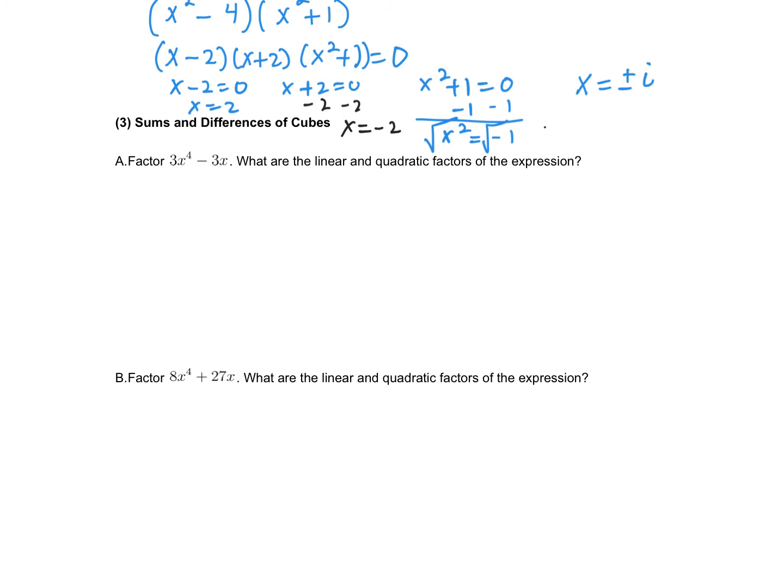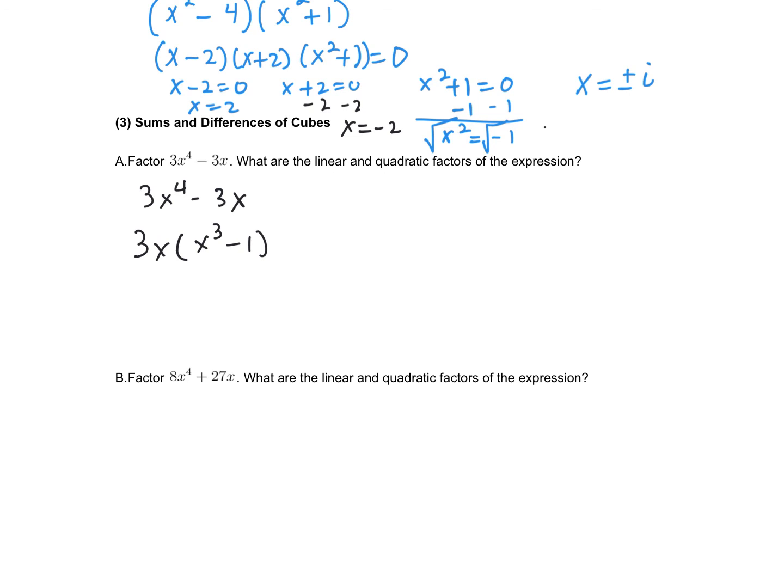So we have this expression, which is 3x to the 4th minus 3x. We have to find a common factor, which is 3x. So we have x to the 3rd power minus 1. And you notice that there's a difference of cubes.